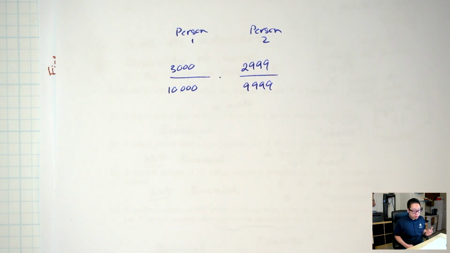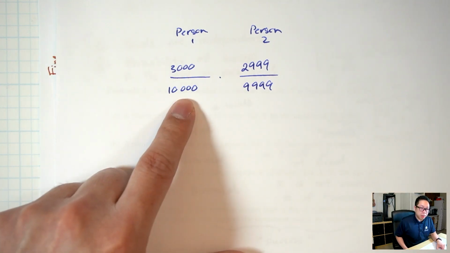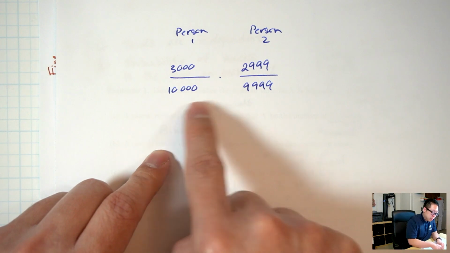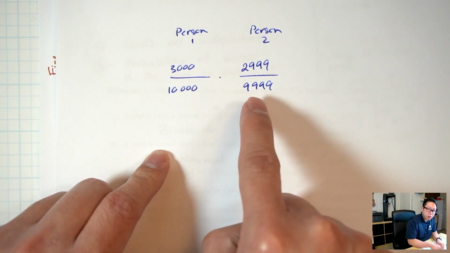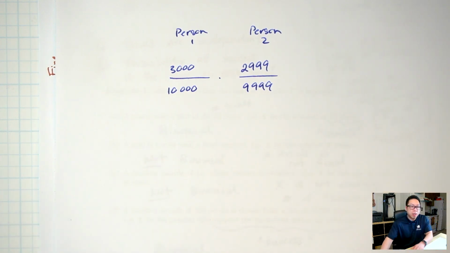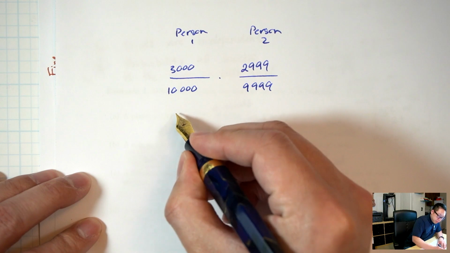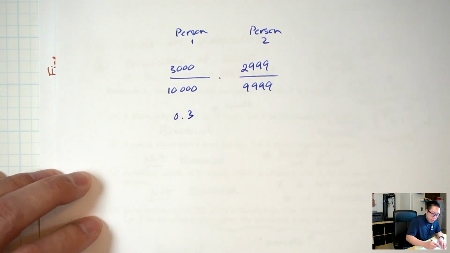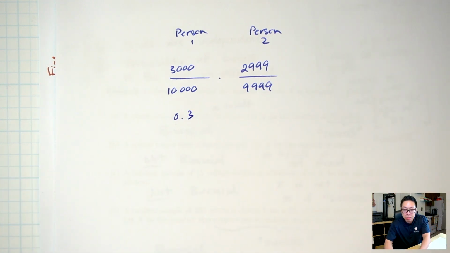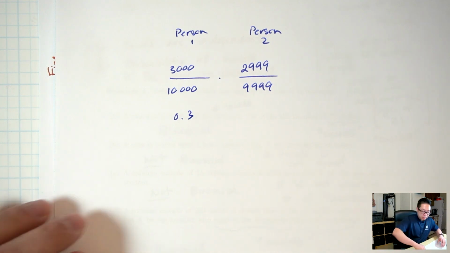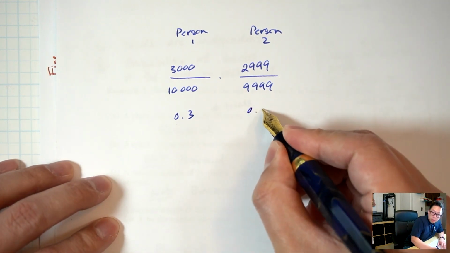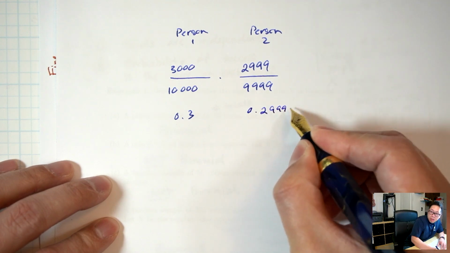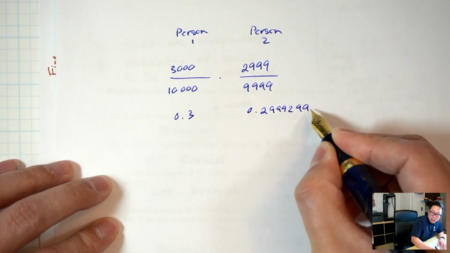But if your population is big enough, and you check this on a calculator, they're about the same. 3,000 divided by 10,000 is 0.3, and 2,999 divided by 9,999 is 0.2999299.